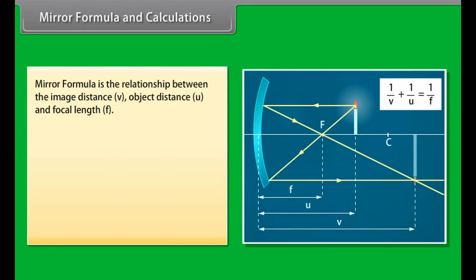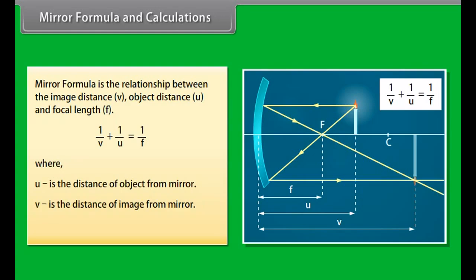Mirror formula is the relationship between the image distance v, object distance u, and focal length f. 1/v + 1/u = 1/f, where u is the distance of the object from the mirror, v is the distance of the image from the mirror, and f is the focal length of the mirror.